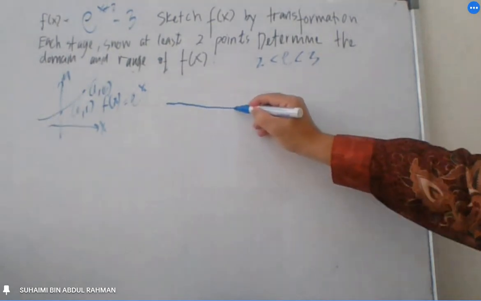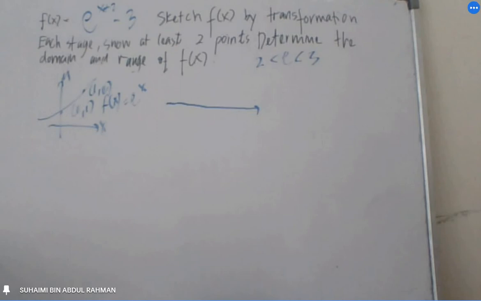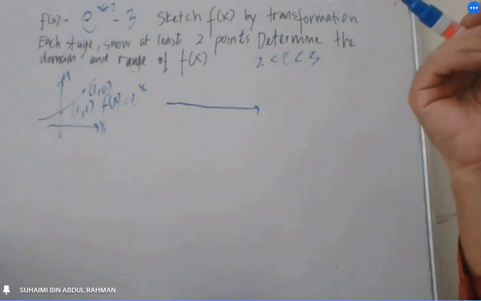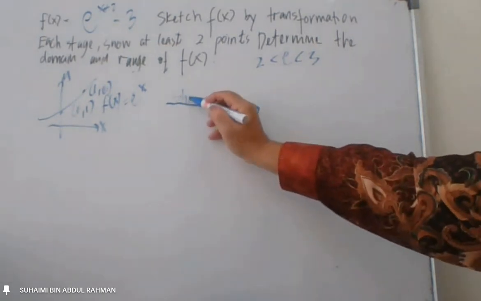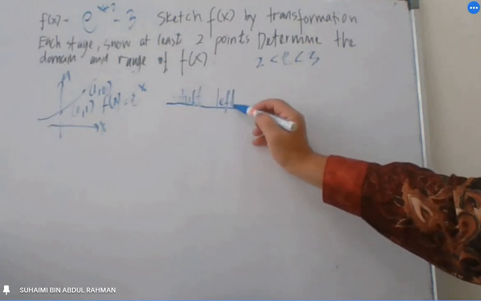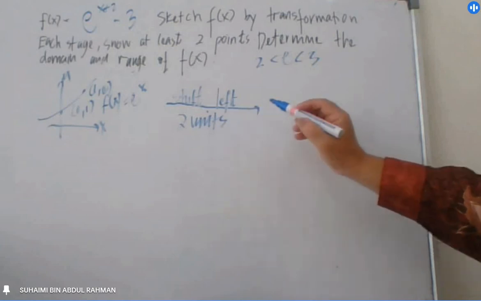Then we start the transformations. What transformation? Shift to the left by 2 units.